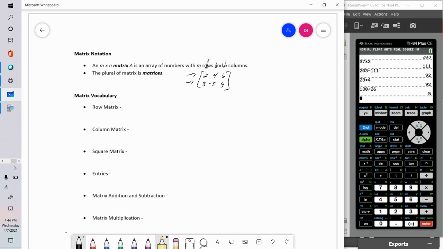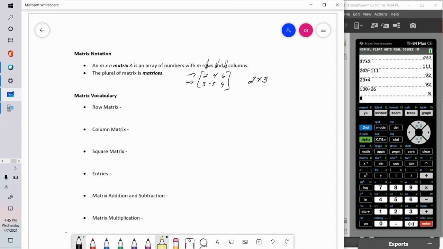Notice that there are 1, 2, 3 columns. 2, 3 is the first column, 4, -5 is the second column, and 6, 9 is the third column. So because this matrix has 2 rows and 3 columns, we would say that this matrix is a 2 by 3 matrix. Those would be the dimensions of the matrix.